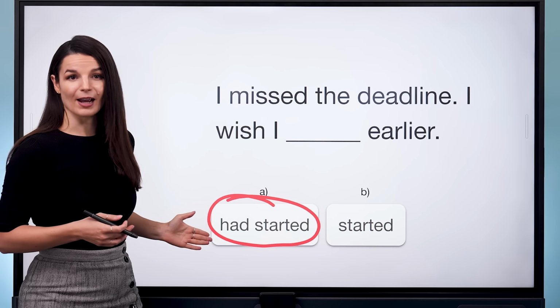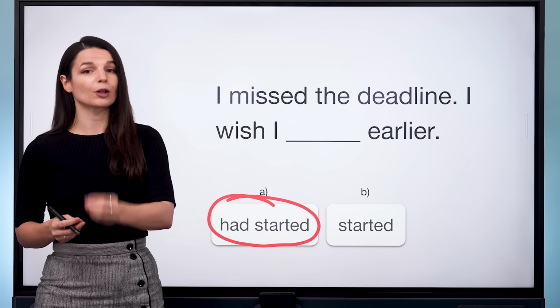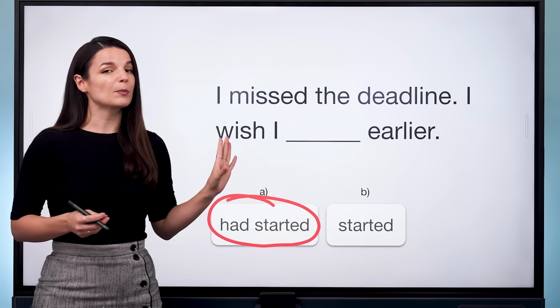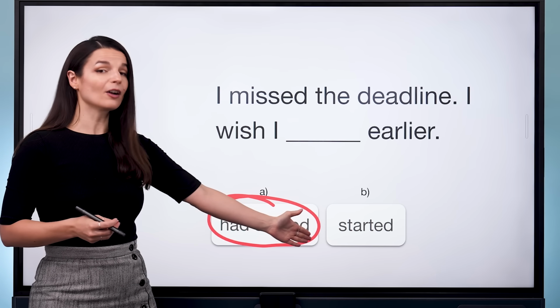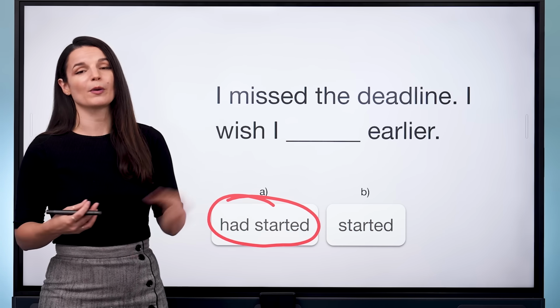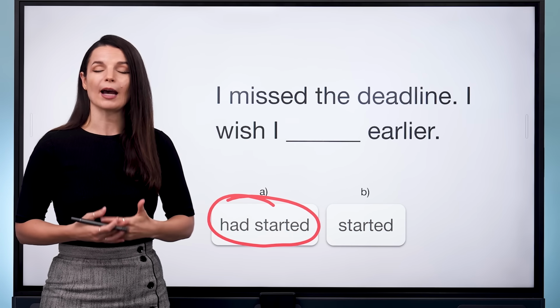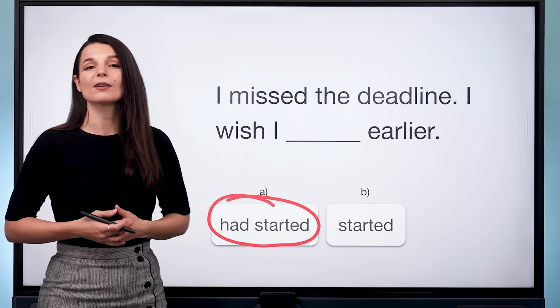Had started is correct because we use I wish plus past perfect to talk about regrets about the past. The speaker didn't start early enough and now regrets it. Started is incorrect because it's in the simple past, which we don't use with I wish to talk about past regrets. It doesn't clearly express that the regret is about something that didn't happen.